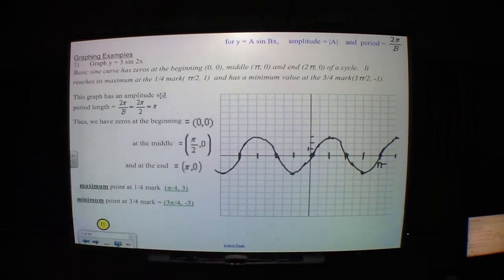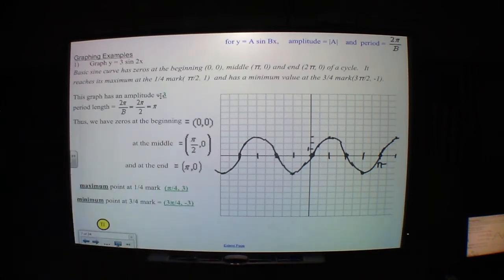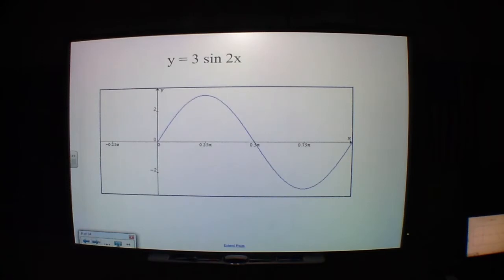So you could do 5 pi over 4 for your maximum, and maybe negative 5 pi over 4 for your minimum, and then figure out what your y is. So if you go to window, adjust it, and make sure the graph looks like this. So when you're doing your homework, do the graph first, and then pick up your calculator and type it right in your calculator. And that's what it should look like.